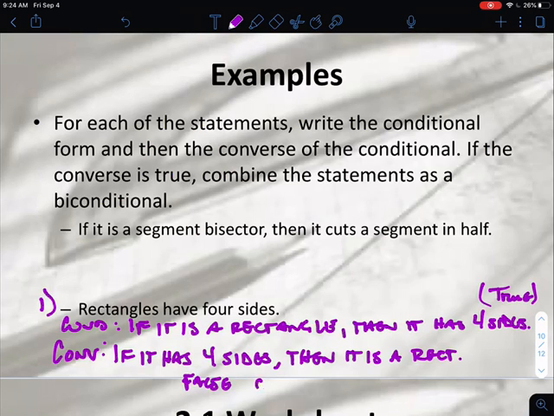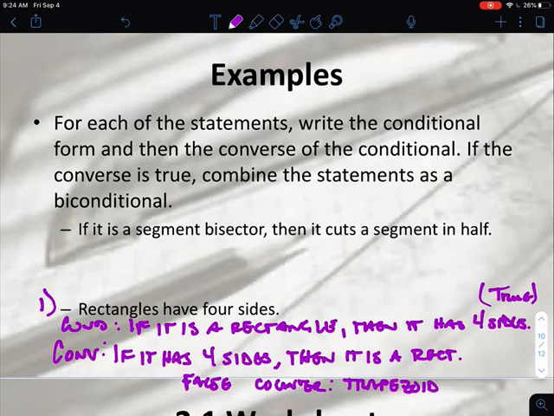And so in this case, this statement would be false because my counterexample would be a trapezoid, or it could be a parallelogram, or it could be a square, it could be anything that's not a rectangle. So false, counterexample, just a regular quadrilateral. Doesn't have to be a rectangle.